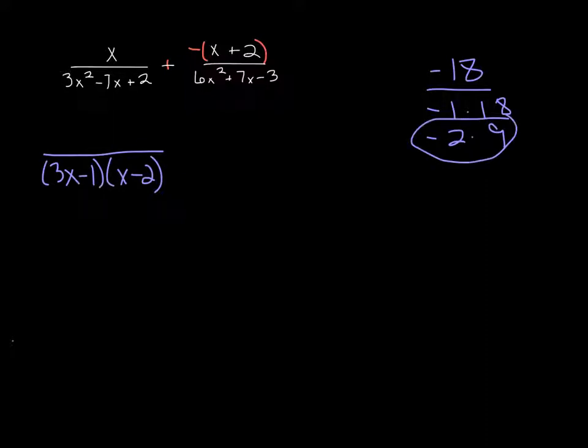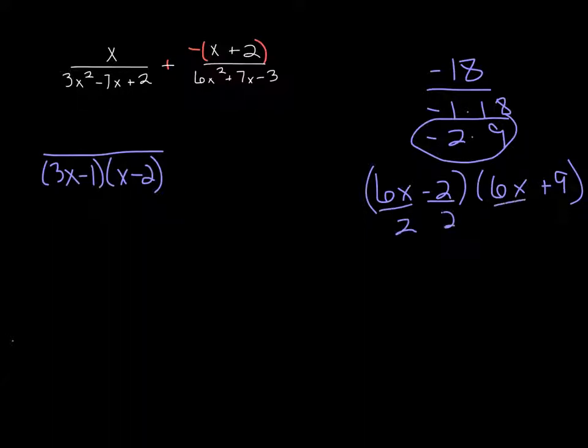And don't forget about the 6 in front of x squared. So 6x minus 2 and 6x plus 9. So this group can be divided by 2, and this group can be divided by 3. So 3x minus 1 and 2x plus 3.